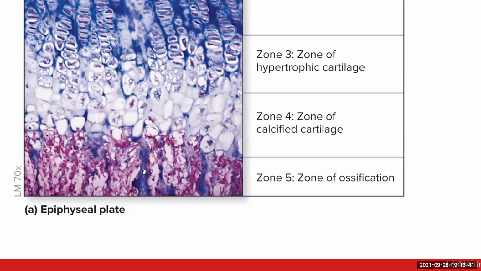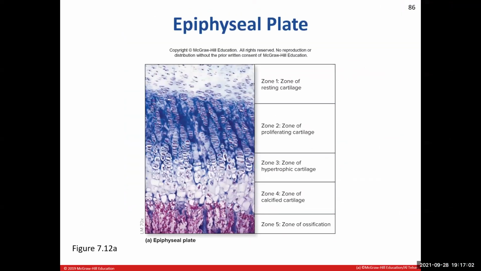And then that moves us into the 5th layer, where our capillaries infiltrate the area, bring in the osteoprogenitor cells, and the osteoprogenitor cells produce the cells that are going to build the new bone matrix on top of the old calcified cartilage matrix. And that's how we get our interstitial growth.